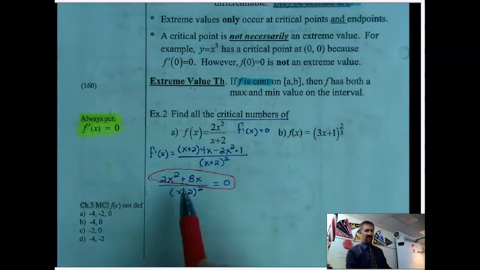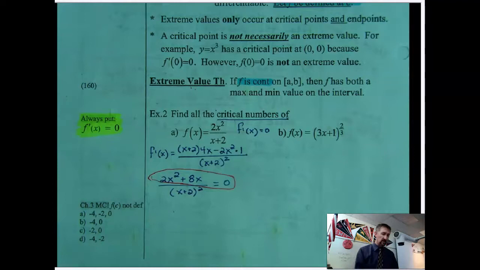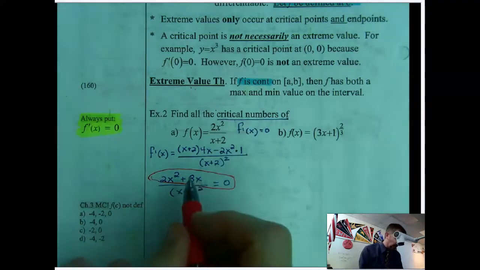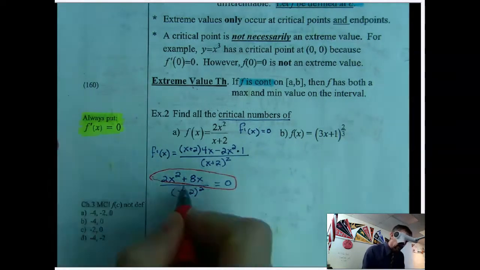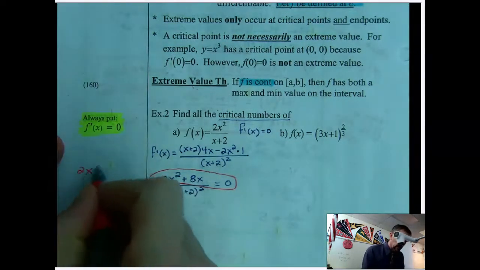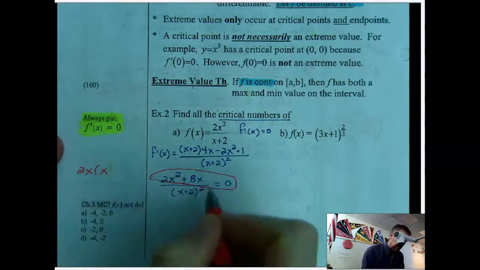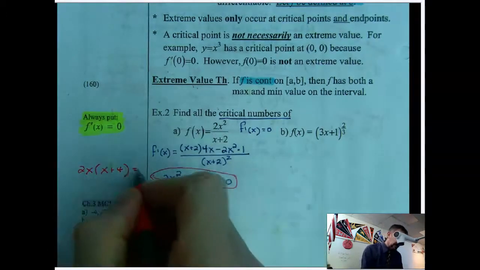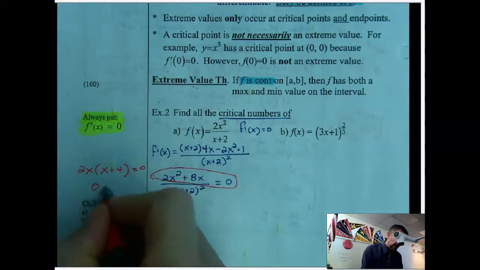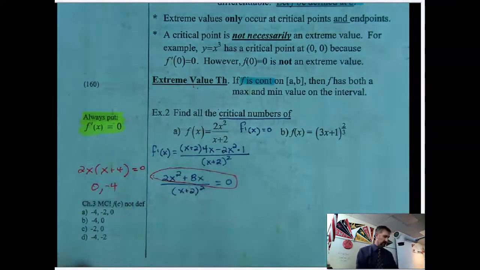The only way to get a fraction to be 0 is for the numerator to be 0. Okay? So if we factor that out, that's going to be, factors out of there 2x. And that leaves us with x plus 4. So if we set that equal to 0, we're going to get 0 and negative 4. Okay?